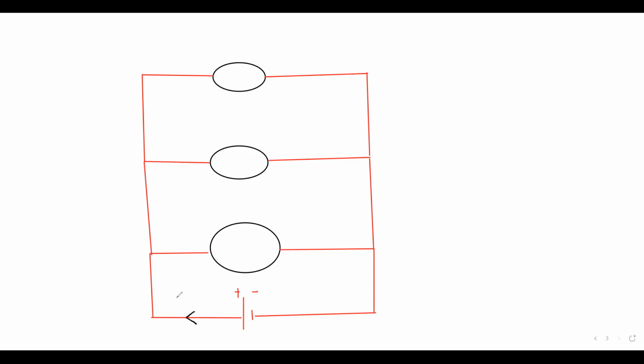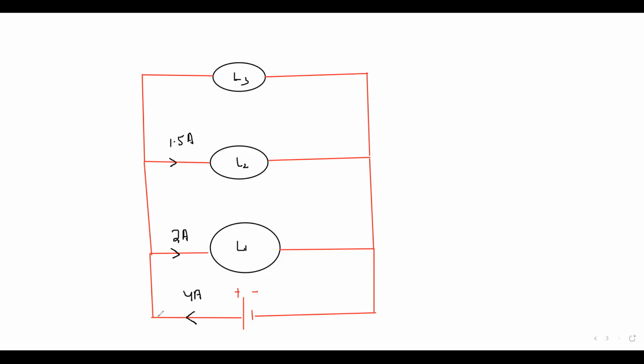For example, 4 ampere is coming out from the battery. 2 ampere is passing through this component. 1.5 ampere is passing through the second component. So this one is lamp 1, lamp 2, and lamp 3.